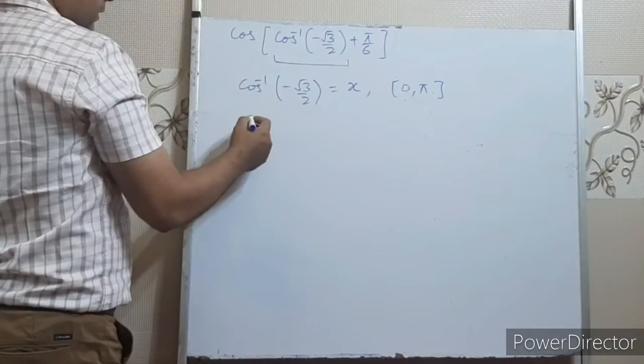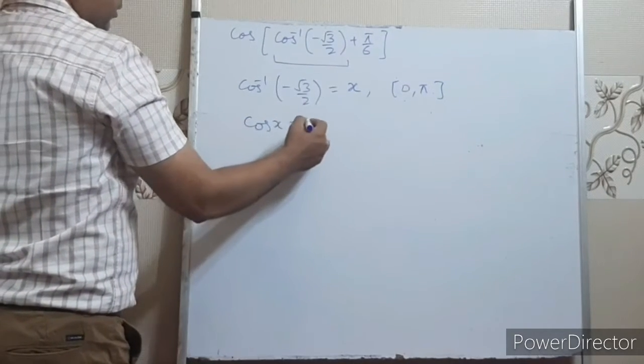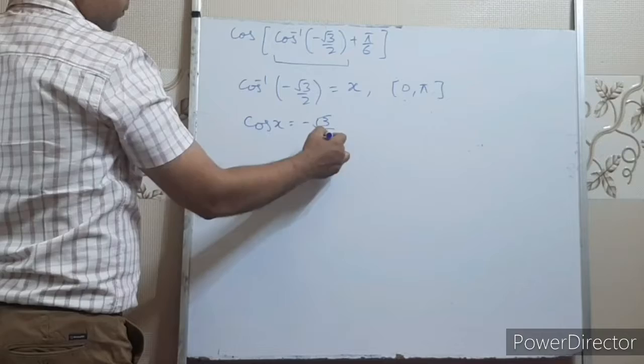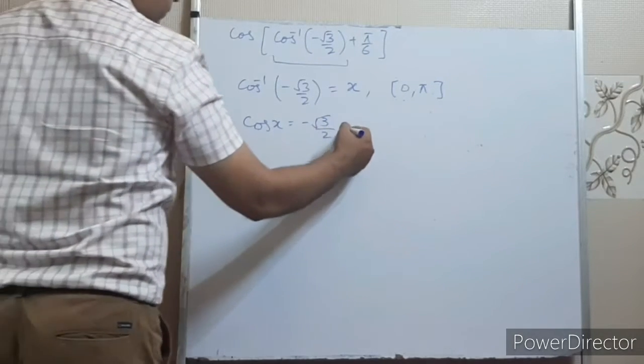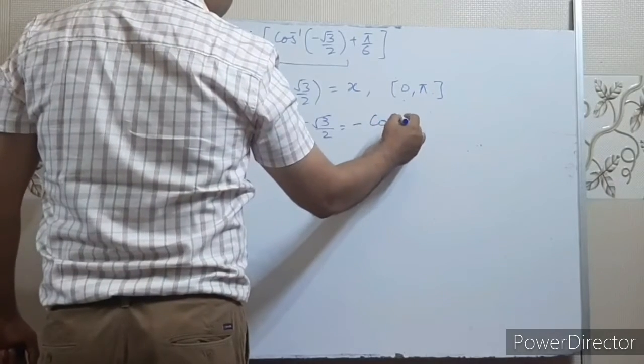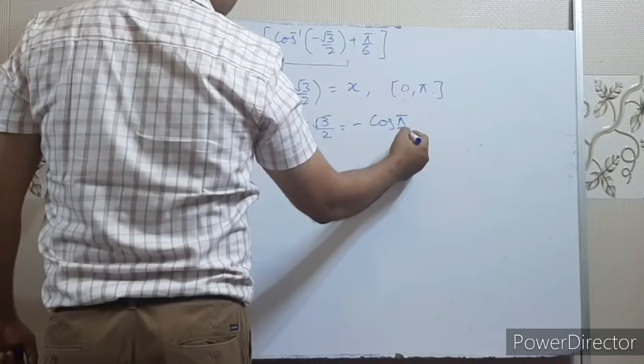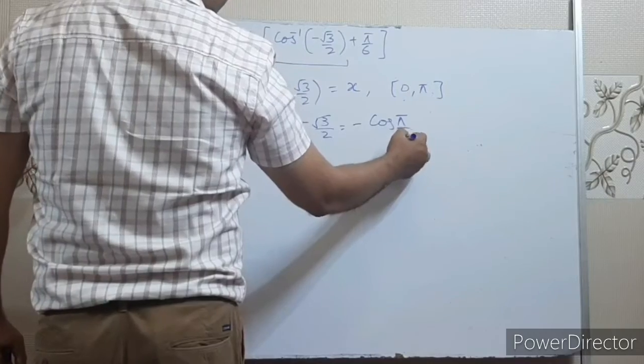So when you solve this, cos x is equal to minus root 3 by 2. Root 3 by 2 is the value of cos pi by 6.